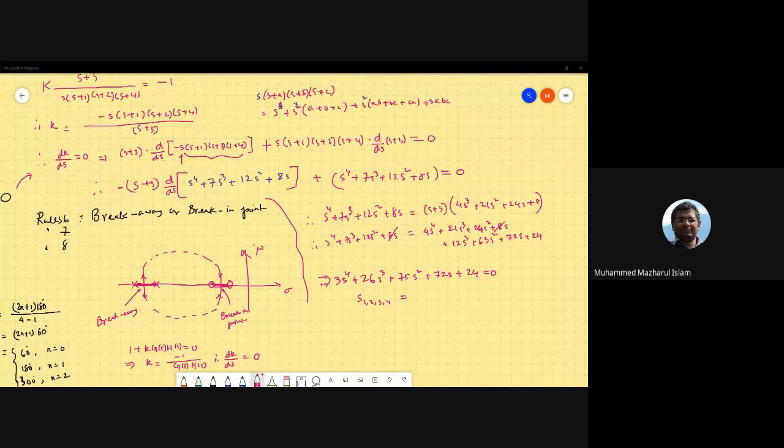So this is one of the methods actually. If you look at the textbook, it also mentions another method, but the calculation rigor, as you can understand, is a kind of long rigorous calculation. If, for example, you have more poles, more zeros, the calculation becomes more tedious.